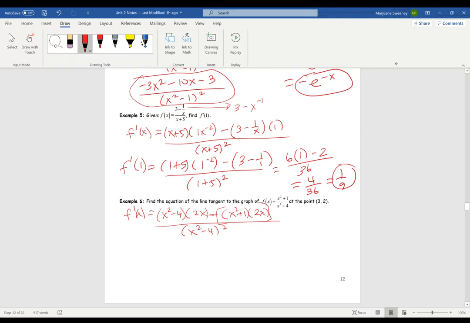Now, we have to write the equation of the tangent line at the point 3, 2. So I'm just going to plug 3 in. Again, I'm not going to bother cleaning this up, because if I make an algebraic mistake, then I'm in trouble. So we're going to just plug in 3 for x.